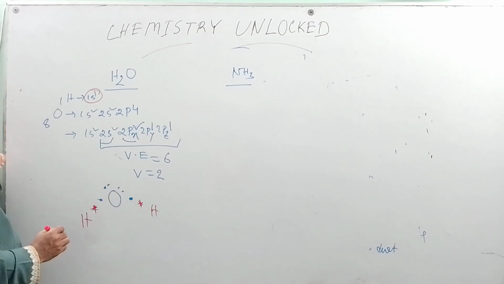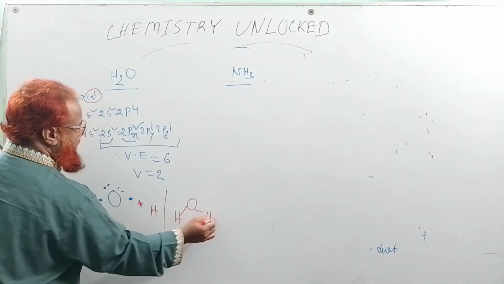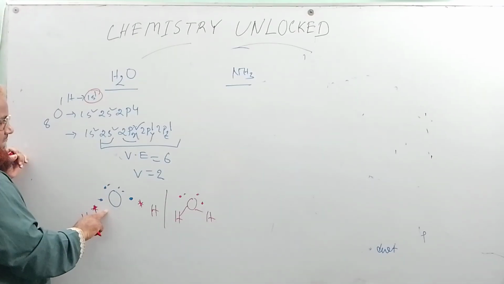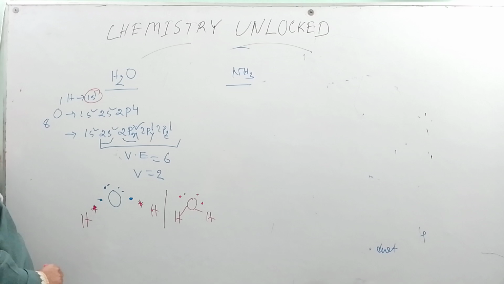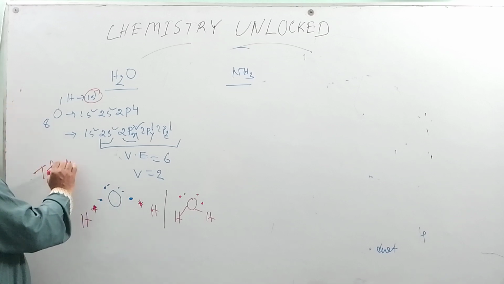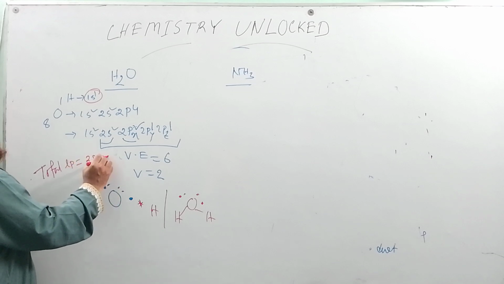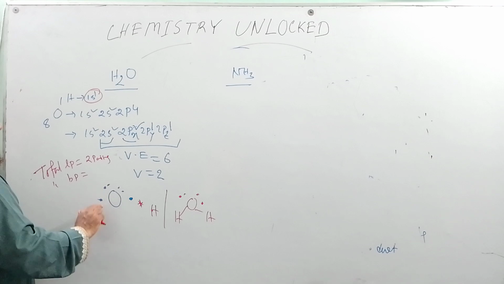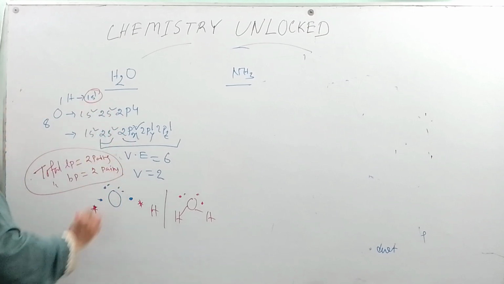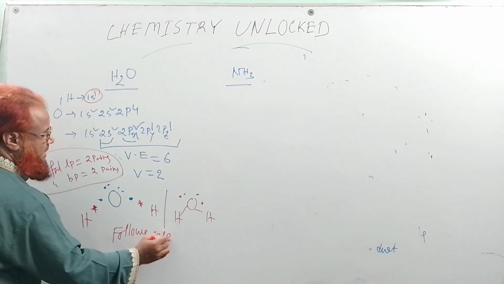So this is the dot diagram, and here these 2 covalent bonds will be formed. Now look at here, 2, 4, 6, 8, it follows the octet rule. Total LP equals 2 pairs. Total BP, that means bond pairs, is 2 pairs. And another piece of information is that it follows octet and duet.